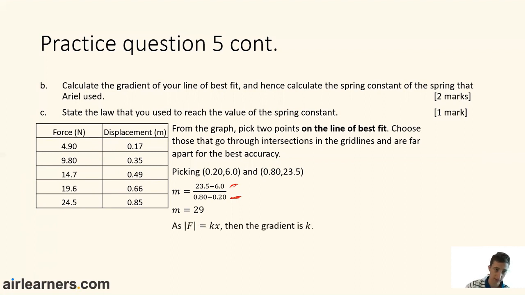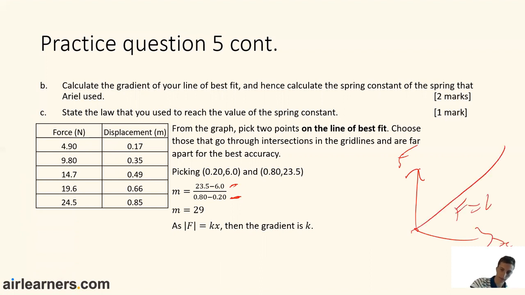So this is the second part of the first question: hence calculate the spring constant of the spring that Ariel used. Here I'm using the absolute value function because I only care about the magnitude of the force, not the direction. So I can say the magnitude of F is Kx. So the gradient is K, because remember, in our graph we had F and we had x, and any line here is going to be in the form F equals Kx.